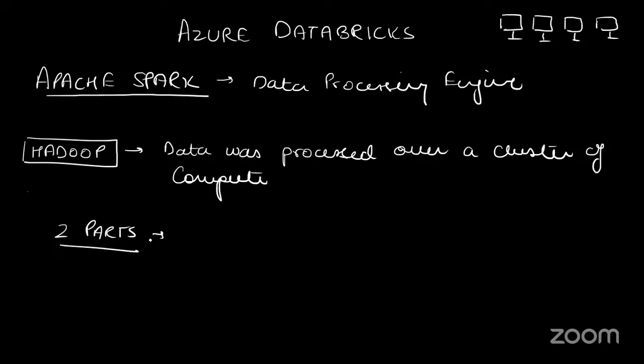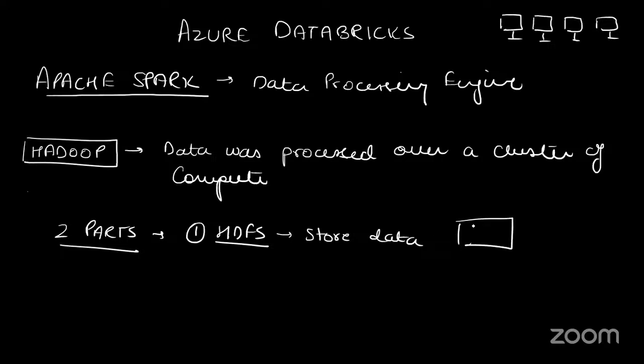Hadoop contained two main parts. One was something called HDFS or Hadoop Distributed File System. This was a file system used by Hadoop to store data, where the data was actually divided into smaller parts.